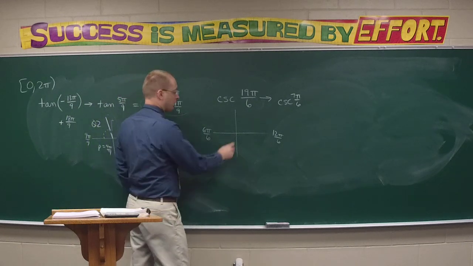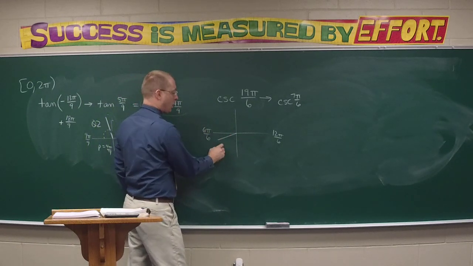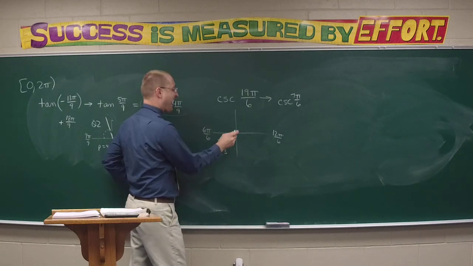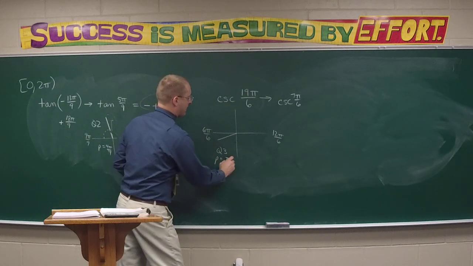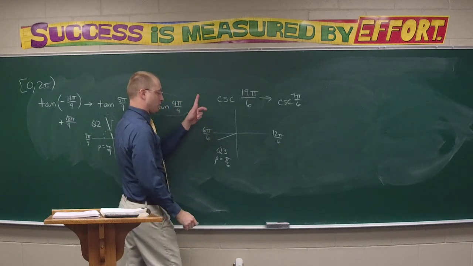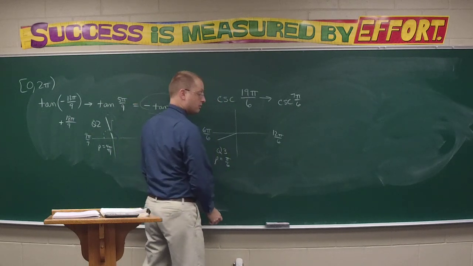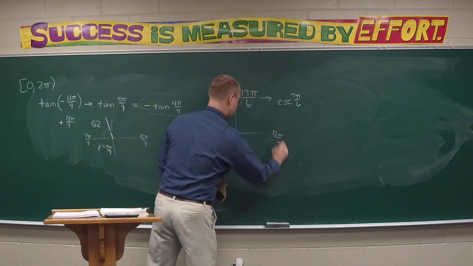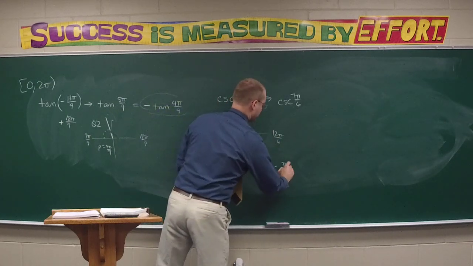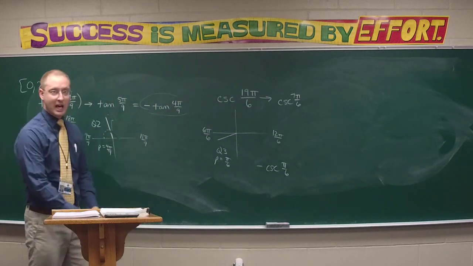It's a little bit after 6 pi over 6, so in quadrant 3. How far after 6 pi over 6 is 7 pi over 6? 1 pi over 6. ASTC, quadrant 3, cosecant is negative. Keep the cosecant, and pi over 6. Just about got it? Yep.